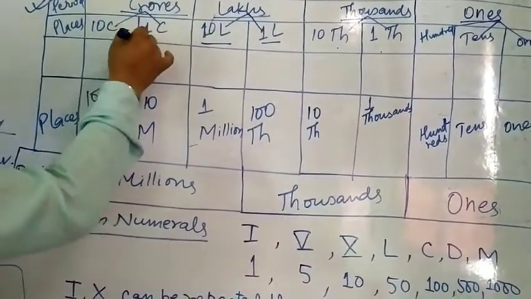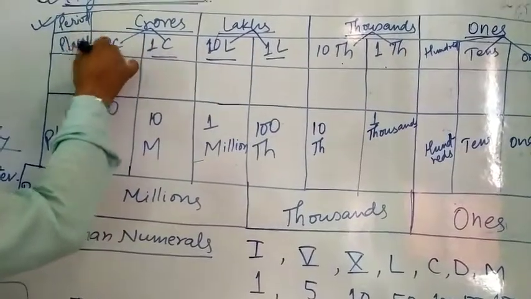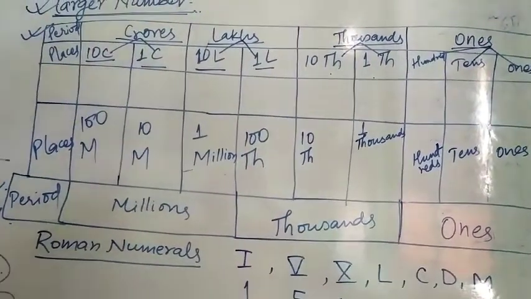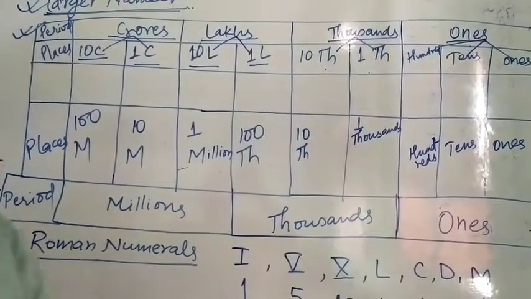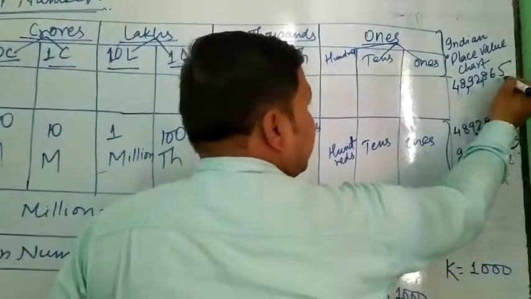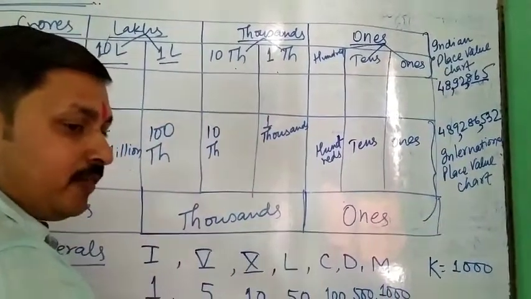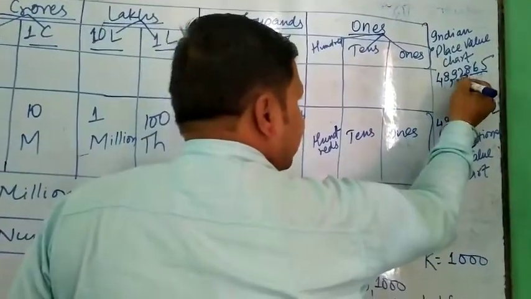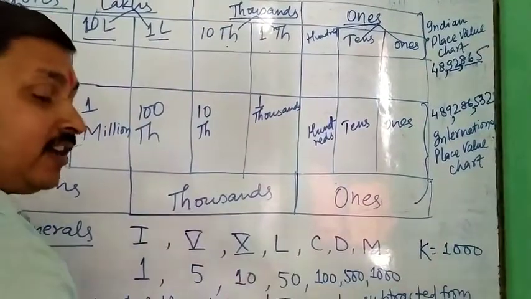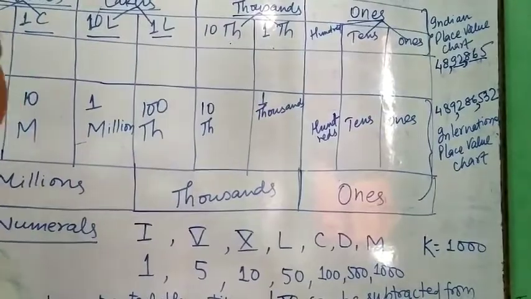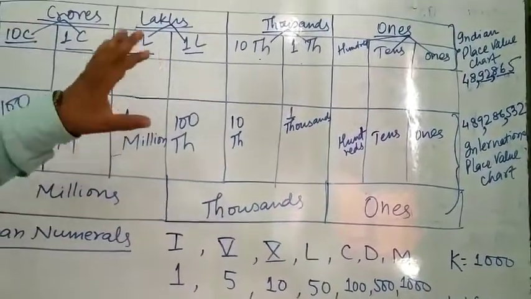Crores are divided into 2 places, 1 crore and 10 crore. So when we write the number, the first comma should be written after 3 digits, the second comma after the next 2 digits, and the third comma after the next 2 digits. This is the Indian place value system.